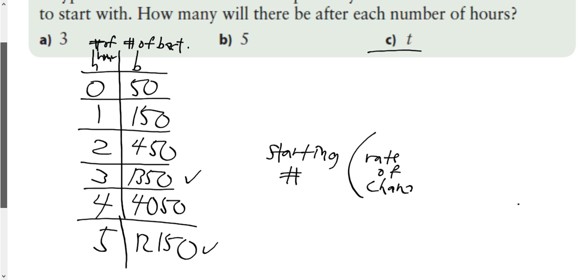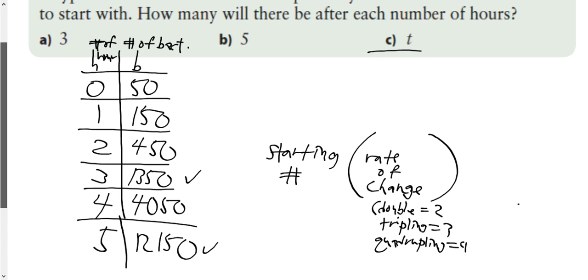By that we mean doubling is 2, tripling would be 3, quadrupling would be 4, etc. Multiplied by our rate of change, and then our exponent is the number of time units. That's the formula for exponential growth.